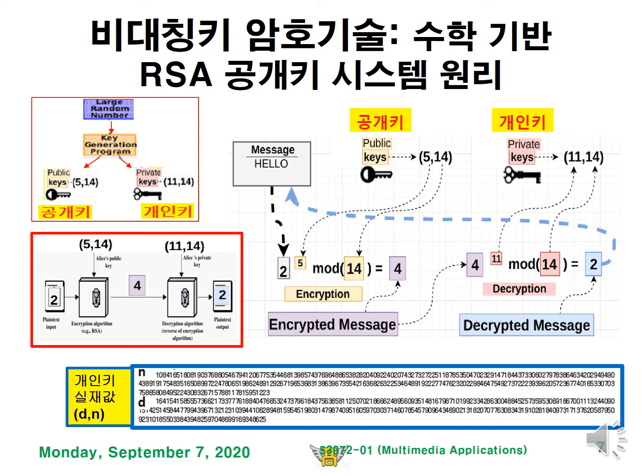Okay. Mathematics is very important in the asymmetric key cryptography system, the RSA public key system. Let's see the principle of the RSA public key system.